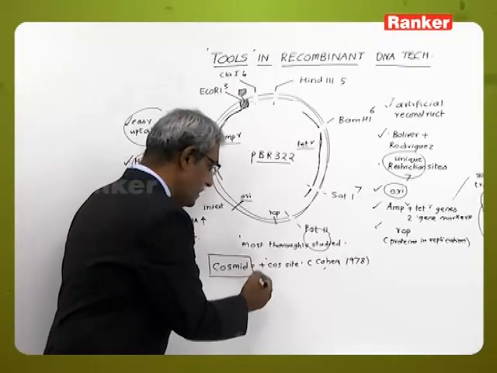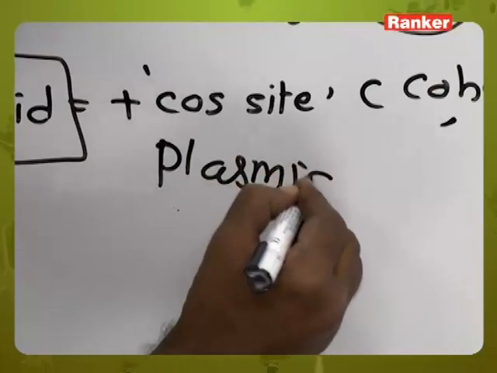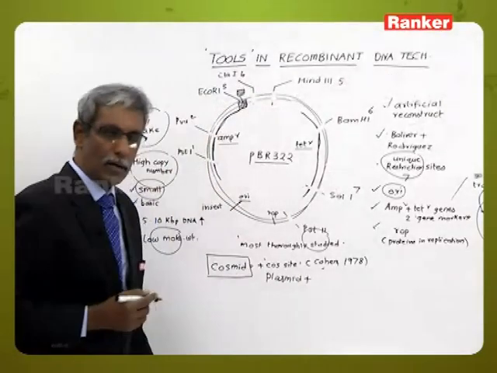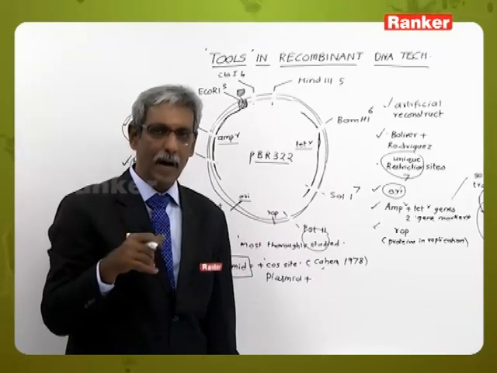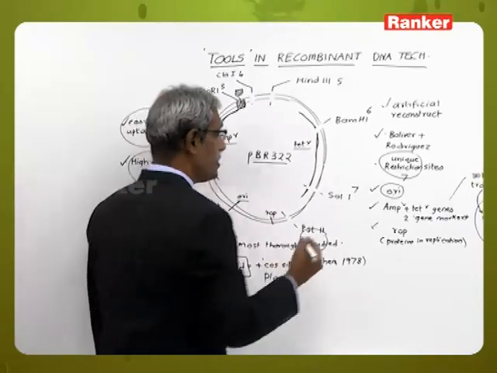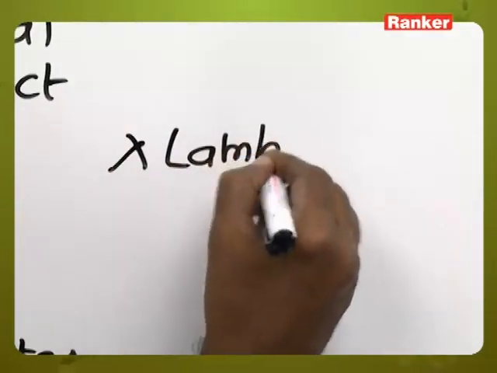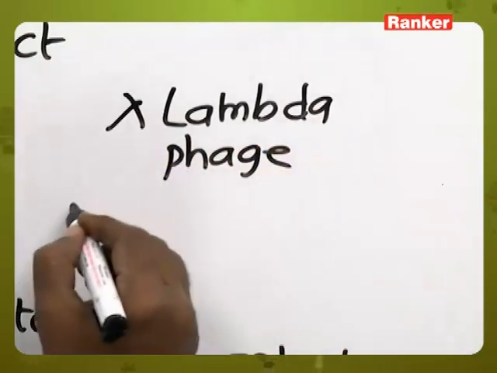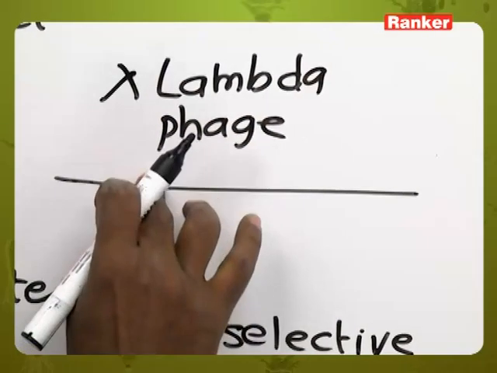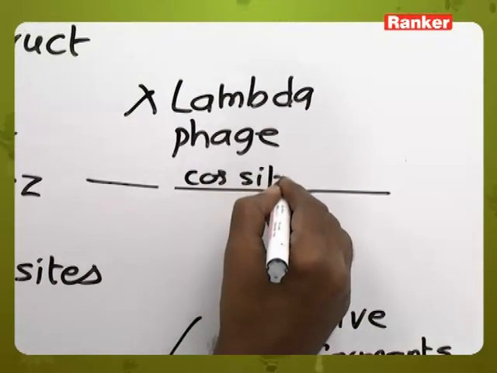A cosmid is a plasmid with a cos site. A cos site is a cohesive site, derived from another bacteriophage, which is termed lambda phage. Lambda phage is a linear bacteriophage, and it has a region which is called a cos site.